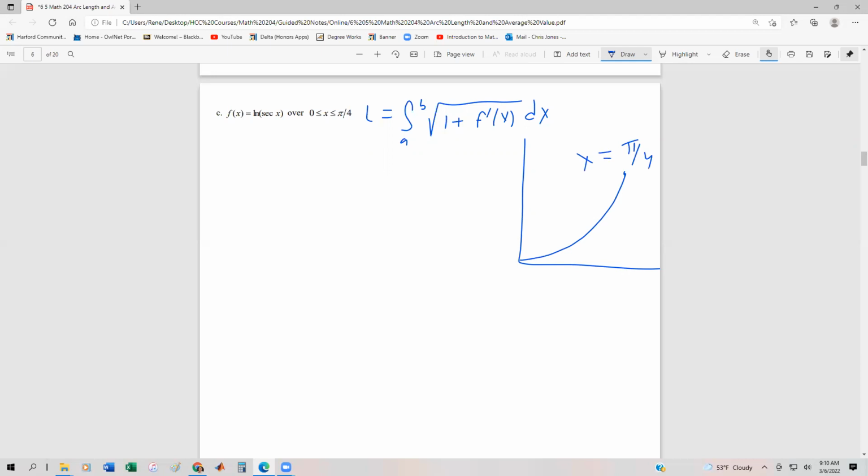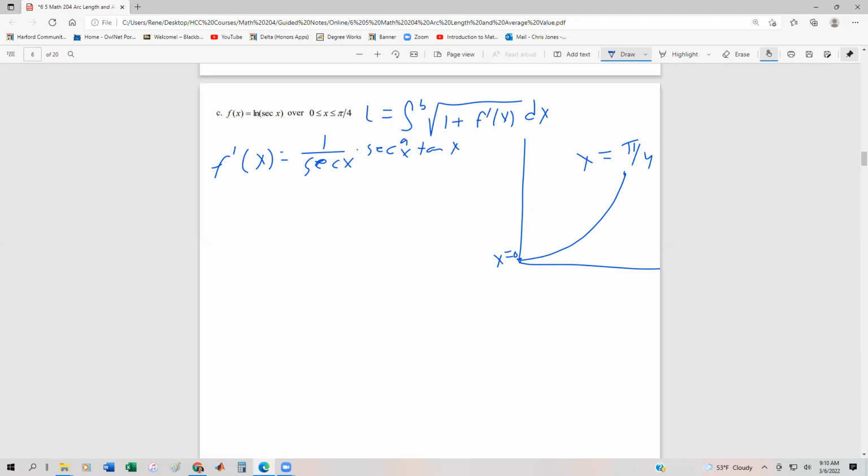So here's our pi fourths for x, and here is our 0. Derivative: this is a chain rule. So the derivative for this is going to be 1 over the secant of x, the derivative of ln, times the derivative of secant, which is secant tangent.